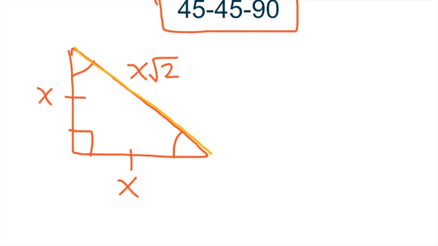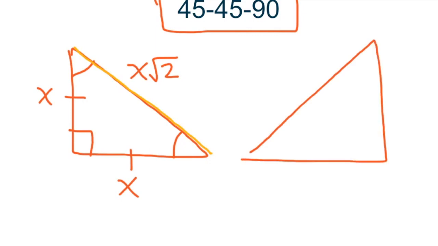Which means in some of our more complicated problems, if you're given an integer for the hypotenuse, let's call it h for hypotenuse, and you had to find the legs of this isosceles right triangle, you would do the inverse of that and divide by radical 2.